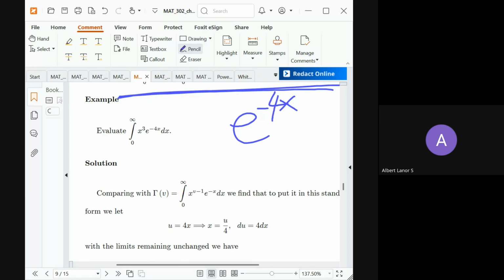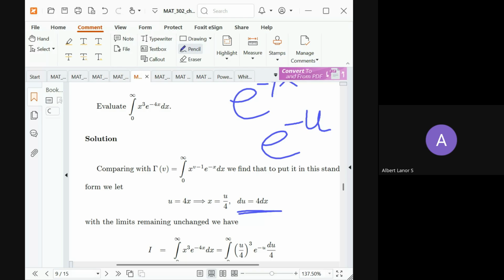Now to make this to the power of minus a value, we'll say let's set this to minus u. Then it means that u is 4x, and differentiate it. Then we'll rewrite it properly so that du will be equal to 4dx. Then you would substitute them into it.